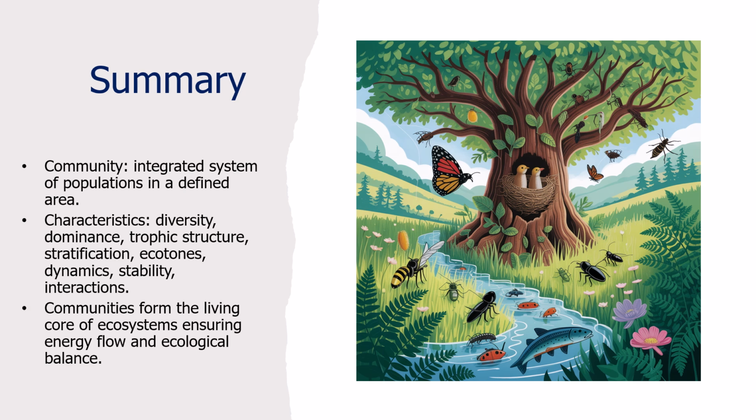Communities serve as the living core of ecosystems, ensuring energy flow, nutrient cycling, and ecological balance. By studying them, ecologists can gain insights into biodiversity conservation, ecosystem management, and stability. Communities are dynamic and resilient, but they are also vulnerable to disturbances from human activities. Understanding their structure and function helps us protect ecosystems that support life on Earth, including human society.